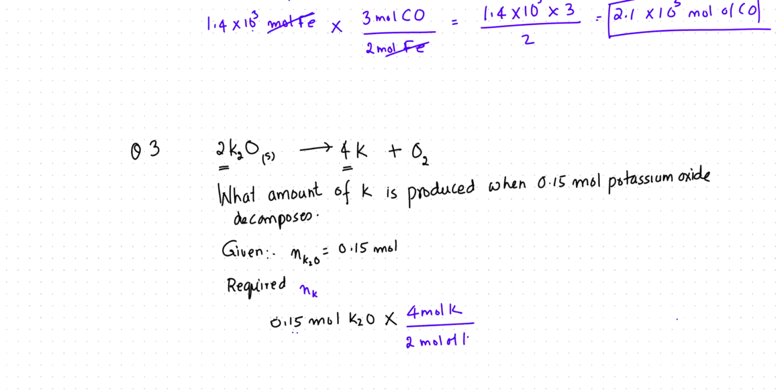So moles of potassium oxide unit cancel. Now we have 0.15 times 4 upon 2. So we calculate this: 0.15 times 4 divided by 2 comes to 0.3 moles of potassium.